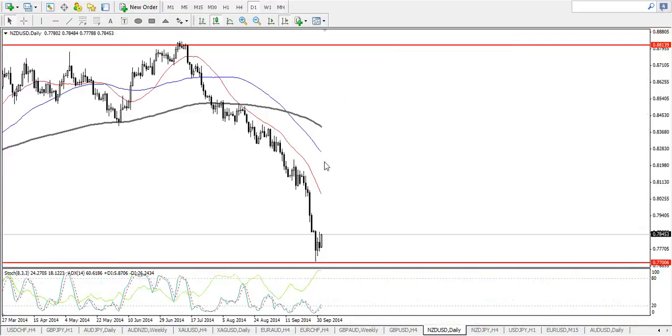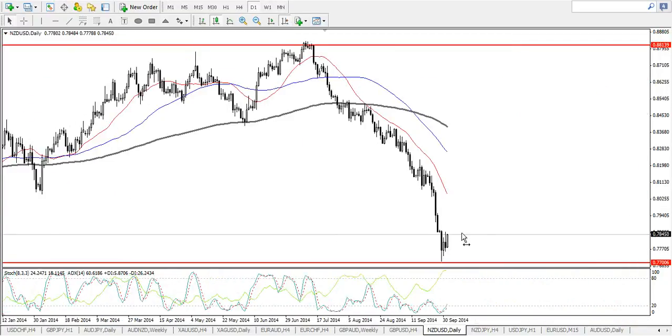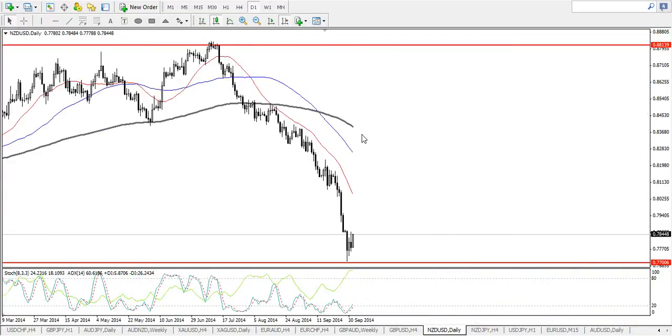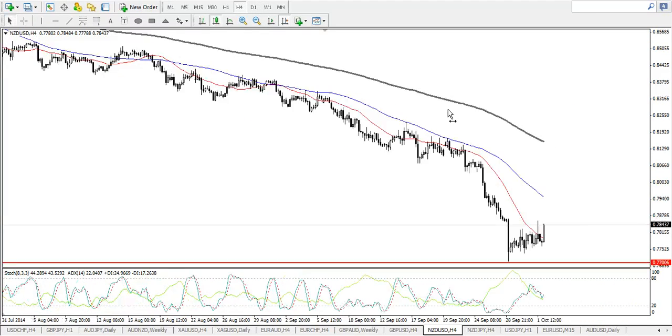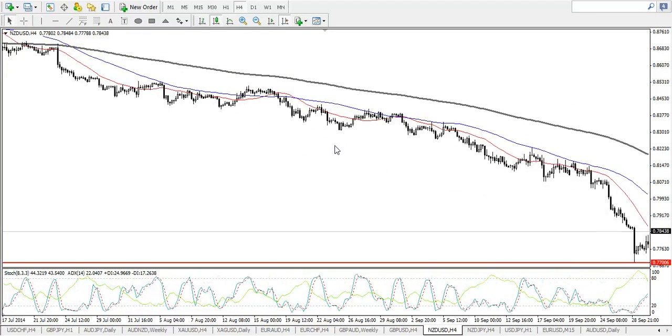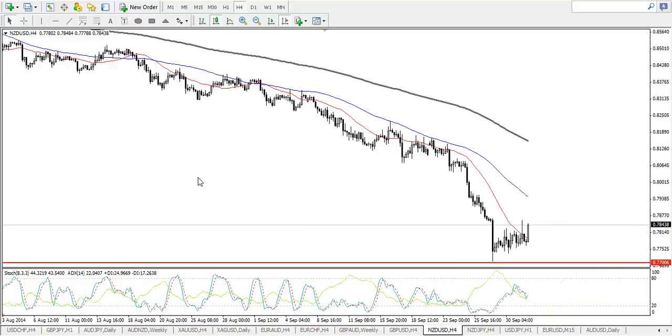And right now we can see the price is rebounding, and of course when we compare the Kiwi to the US dollar, we are looking for price to depreciate further. So in this case we might want to take a look at the forward charts. We might want to look for a trend line as a gauge. Alright, this is about it.